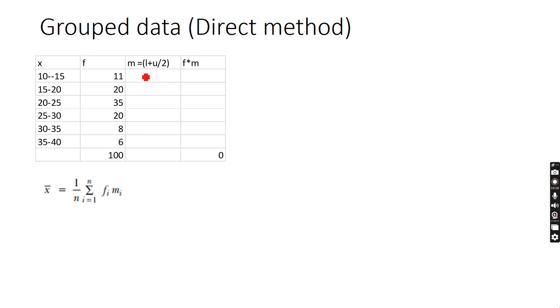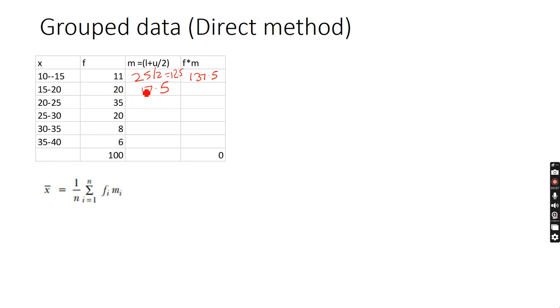So let me calculate. Here we have 10 plus 15, that is 25 divided by 2, that is 12.5. And when we multiply 12.5 with 11, we would get fm, in this case, say, 137.5. In the next case, this would be 17.5, that is the average of 15 plus 20 divided by 2.